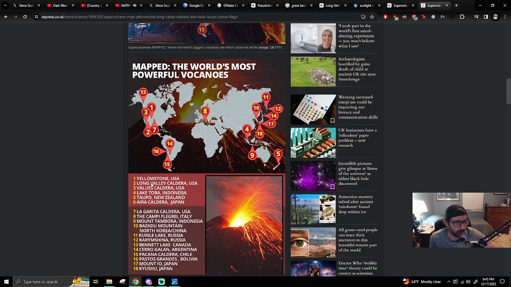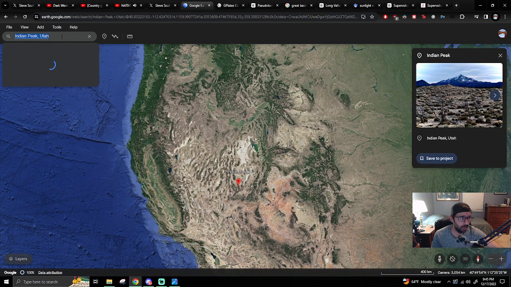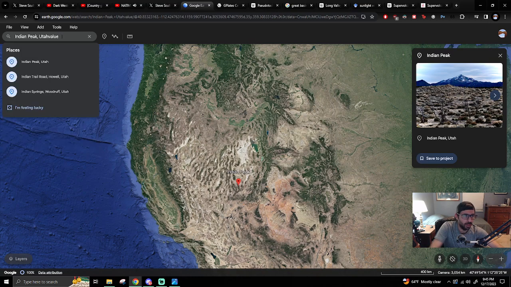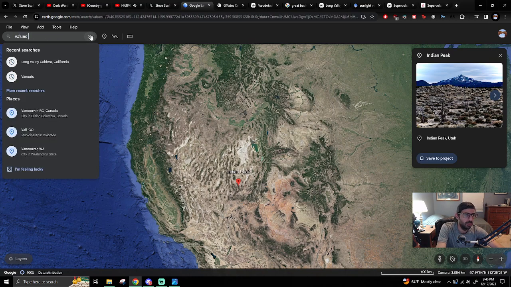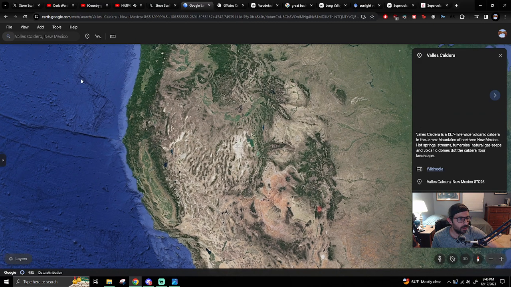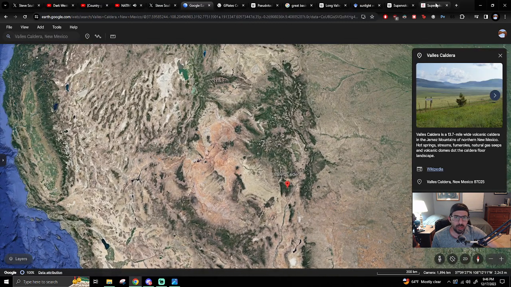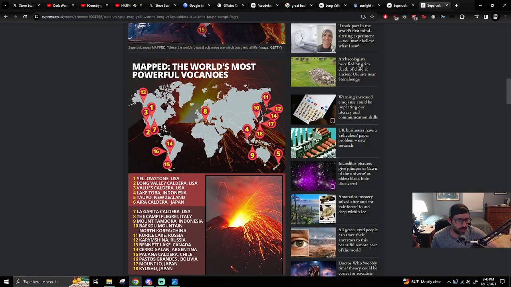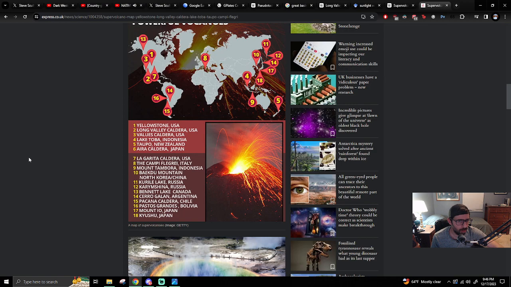Two, Long Valley. 3, Valles Caldera. Oh my god, is this map terrible positioning or what? Seven.